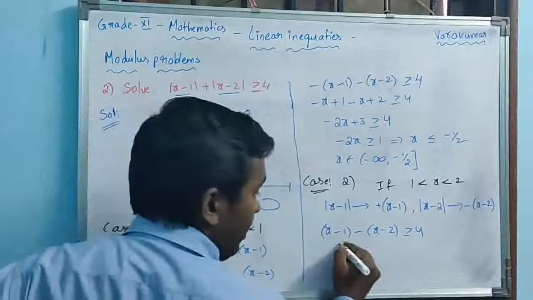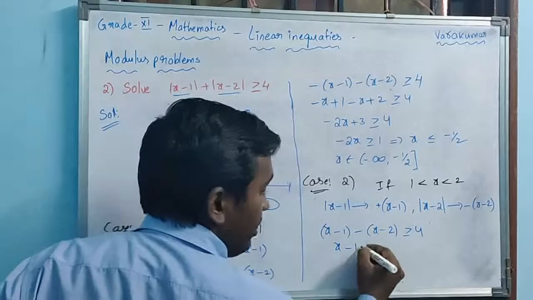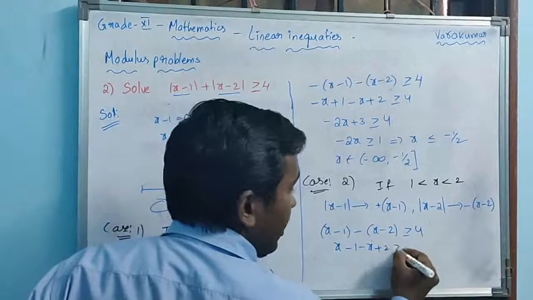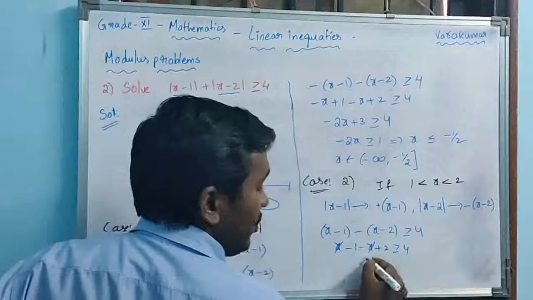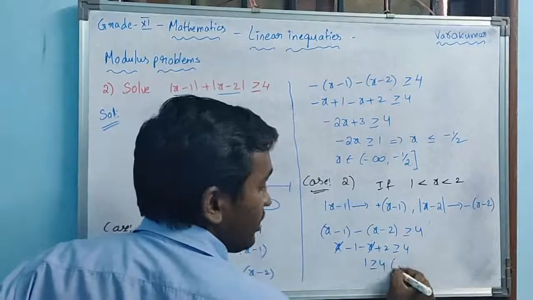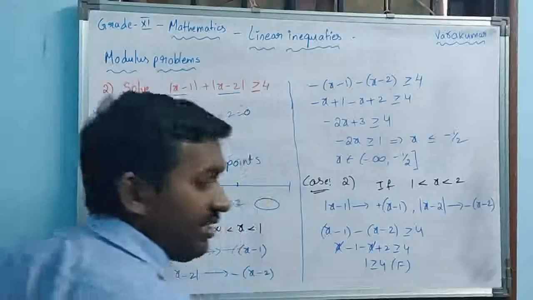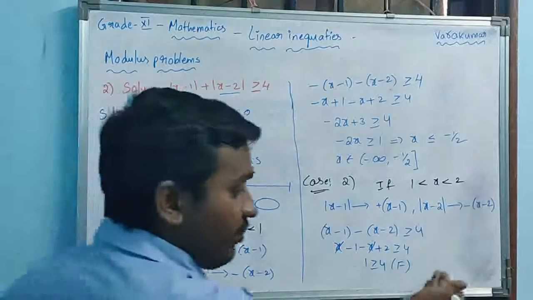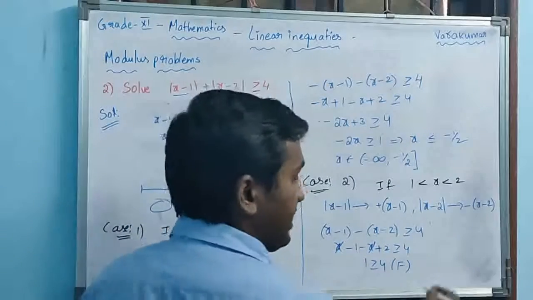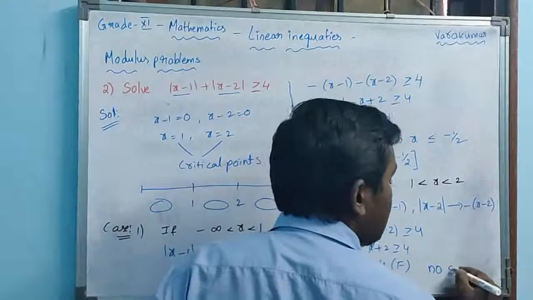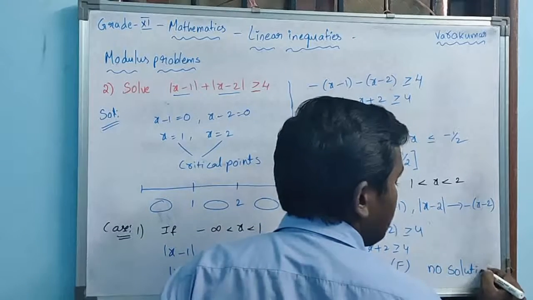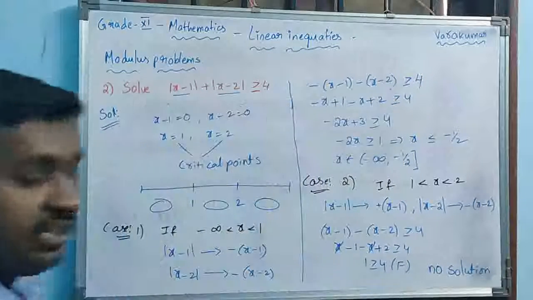Now open the bracket: x - 1 - x + 2 ≥ 4. Here x cancels. So 1 ≥ 4, which is false. It cannot happen. So in this region no solution.